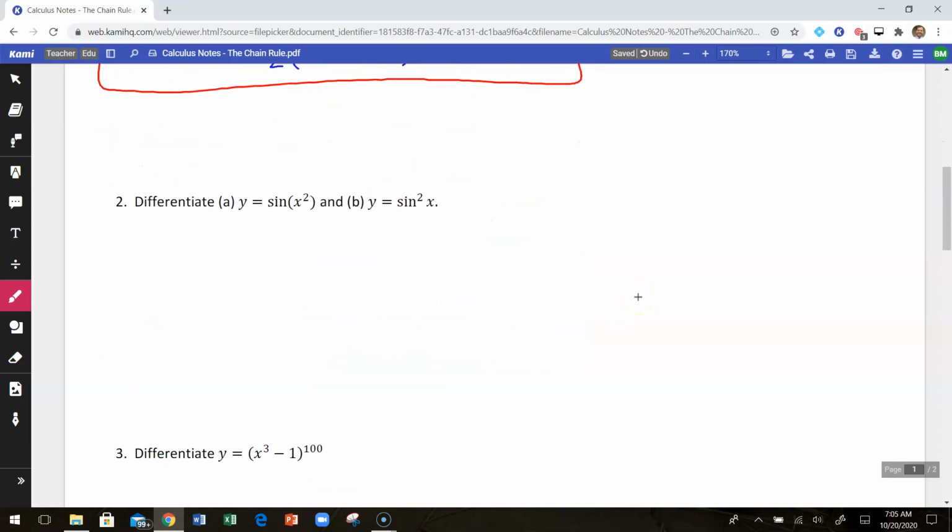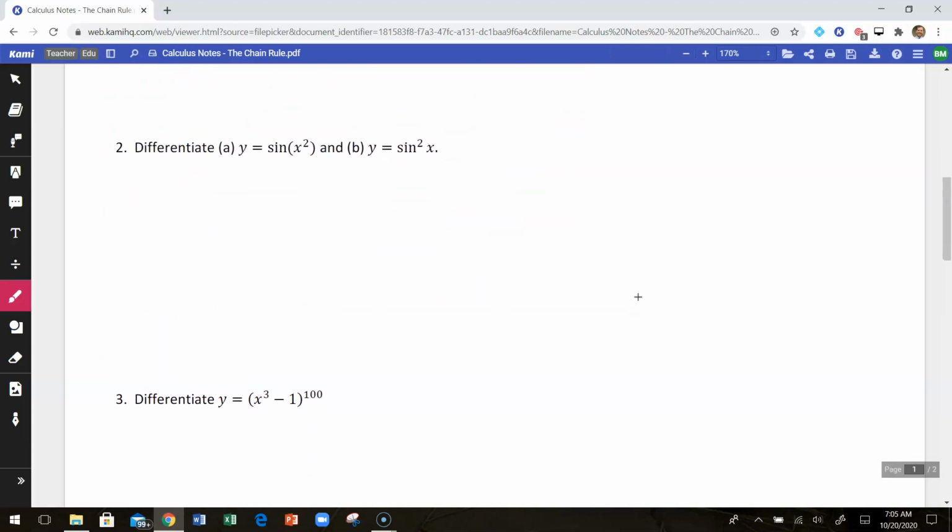Okay. Number 2, I've got a couple different functions here that I want to do the derivative of. And it's to show you a subtle difference here. So for part A, we have y equals the sine of x squared. So again, I have a function, x squared, inside of another function, which is sine x. So I'm going to do the derivative of the outside function.